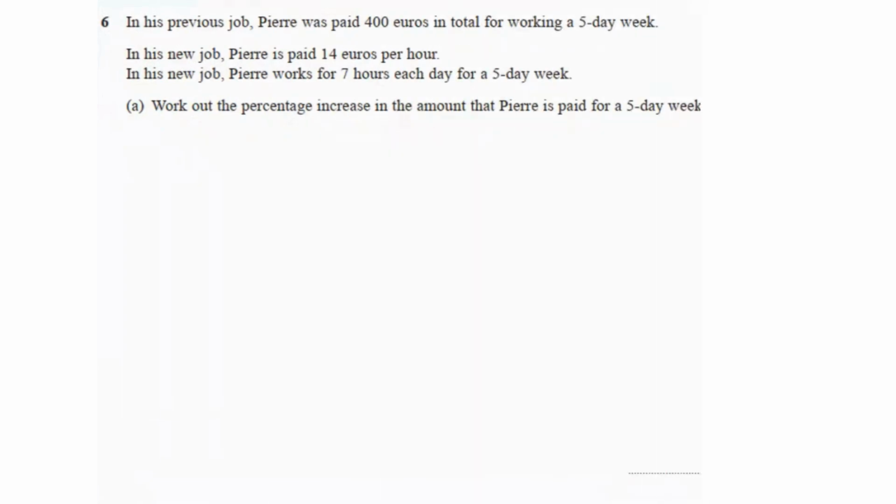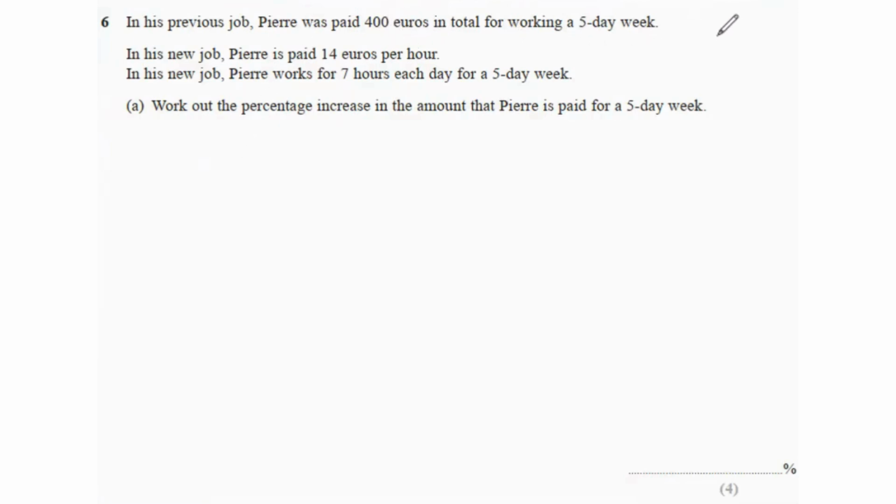In the next question, it says, in his previous job, Pierre was paid 400 euros in total for working a 5-day week. In his new job, Pierre is paid 14 euros per hour, and he works for 7 hours each day for a 5-day week. We need to work out the percentage increase in the amount that Pierre is paid for a 5-day week. So previously he was earning 400 euros.